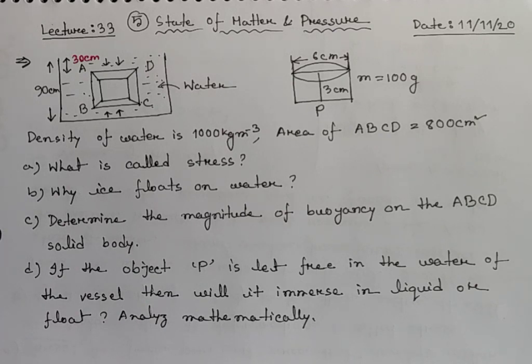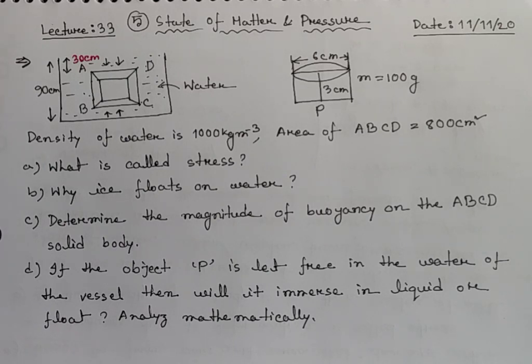First one is an object ABCD immersed in water, and the height of the water level is 90 centimeter, and the difference from the highest point of the object ABCD to the highest level of water is 30 centimeter.